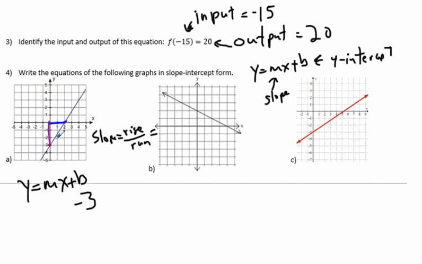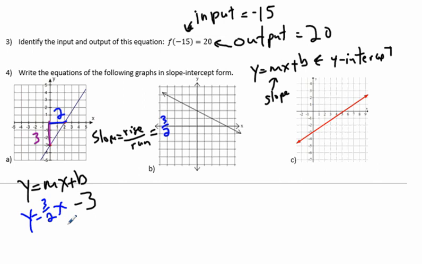That is 2 points that cross at a very observable x and y value. So this is going to rise 3 and run 2. Going left to right, it goes up 3 over 2. So the slope is 3 over 2. And so my equation is going to be y equals 3 over 2x minus 3.